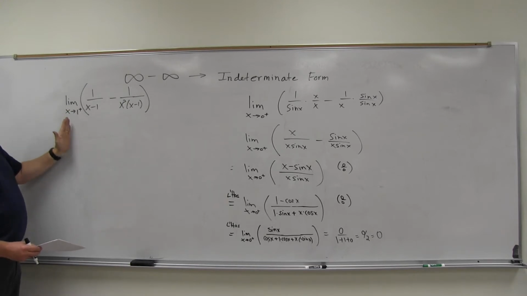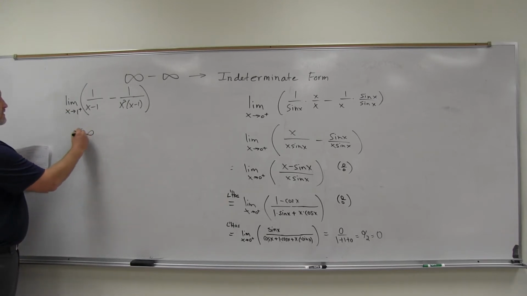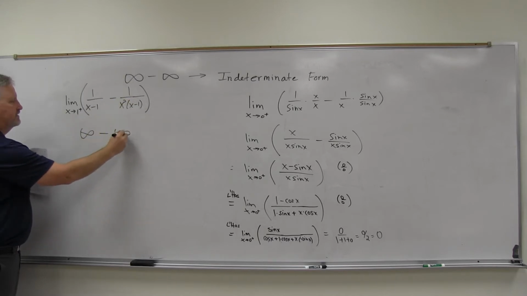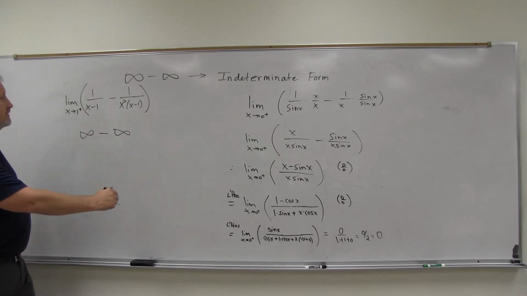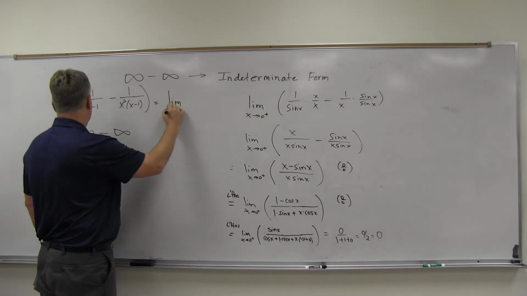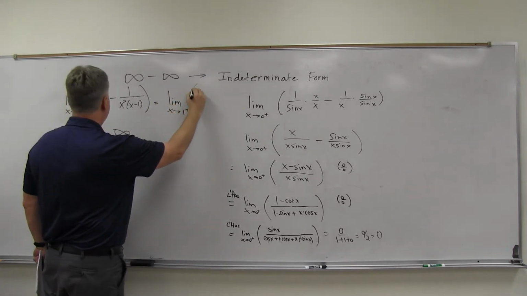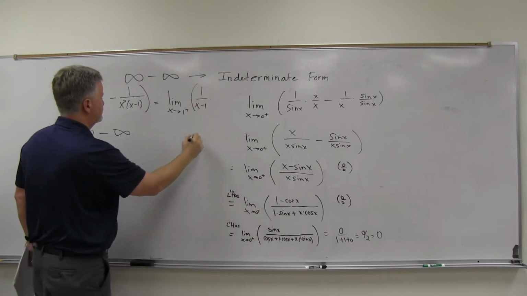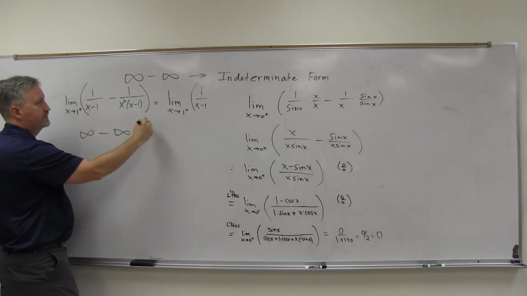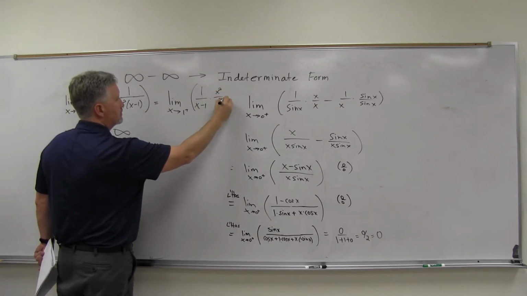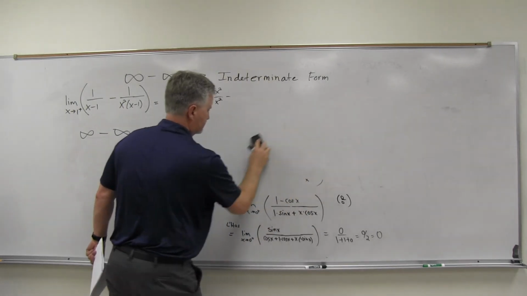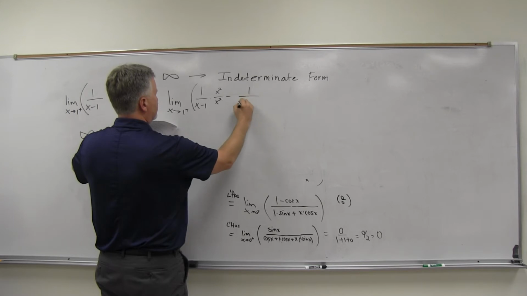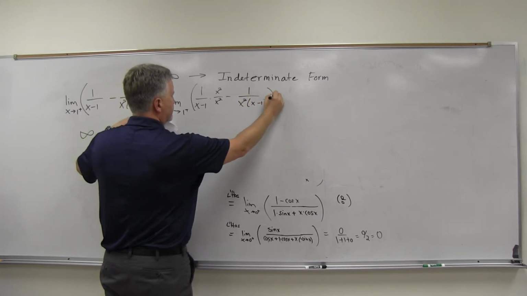You've got a vertical asymptote, and from the right it's infinity. And same thing over here, it's still infinity. So we've got infinity minus infinity. Indeterminate.